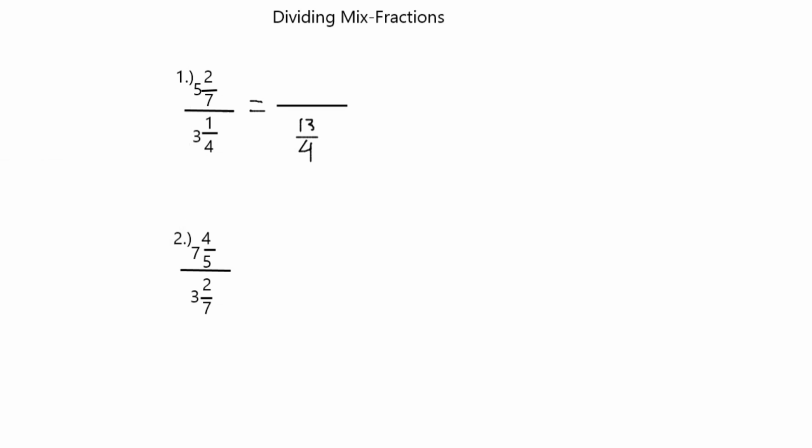Let me erase a few things. So let's transform this. So we have 5 times 7 plus 2 over 7.